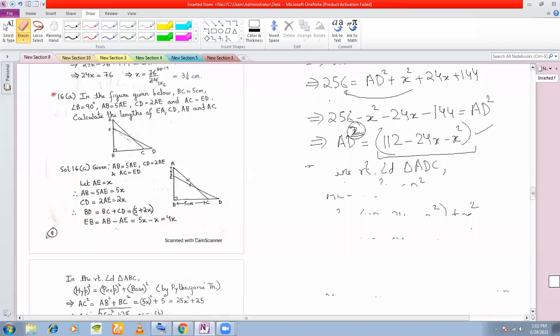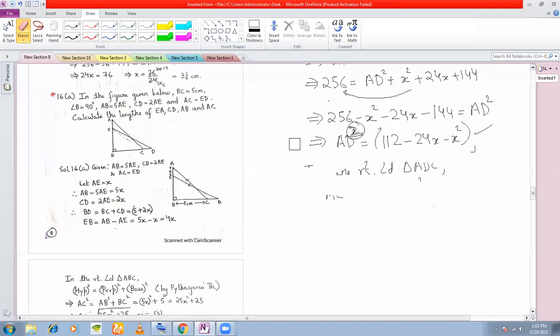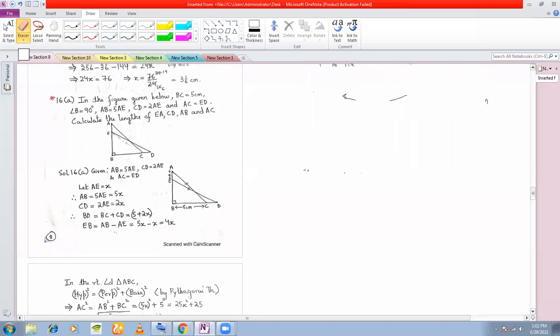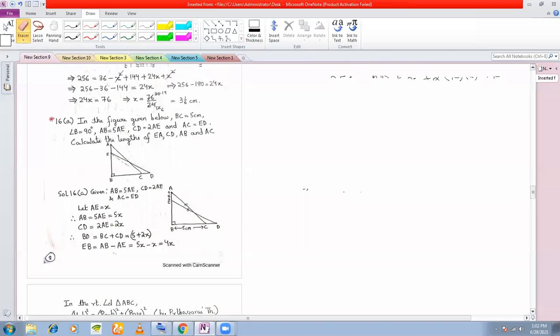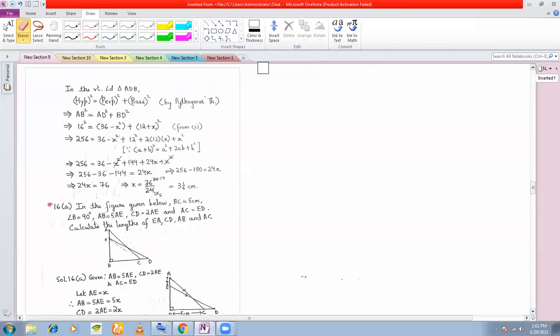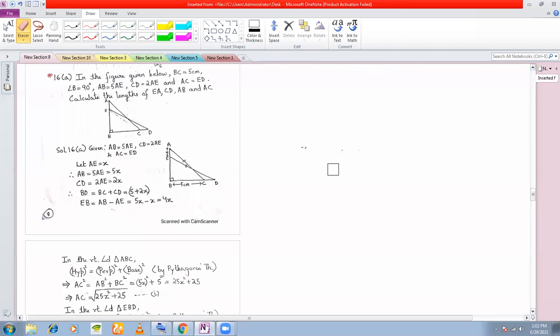number 16A. Now 16A is a little long. Let's just start with the problem then. In this question, this is the figure that is given.